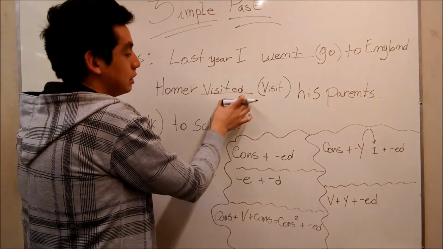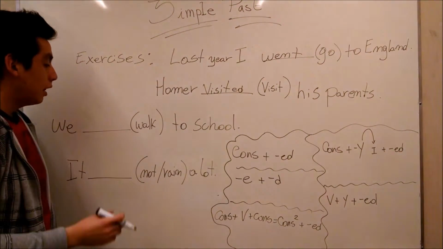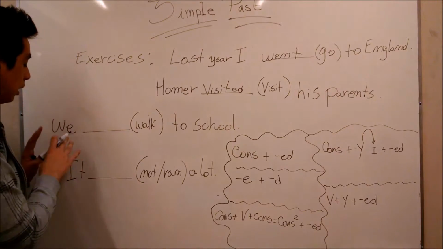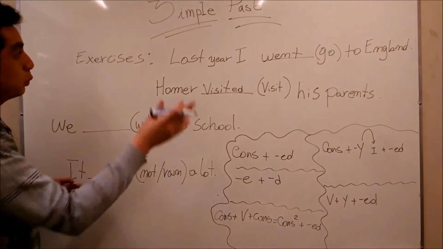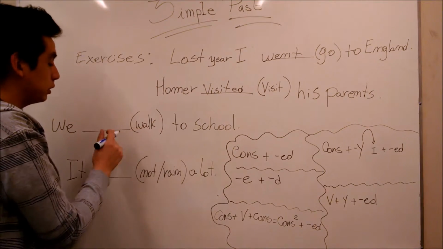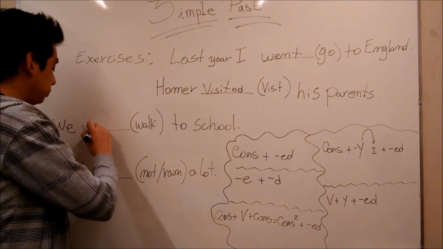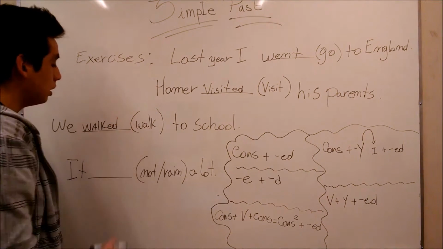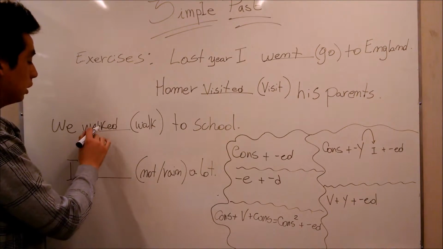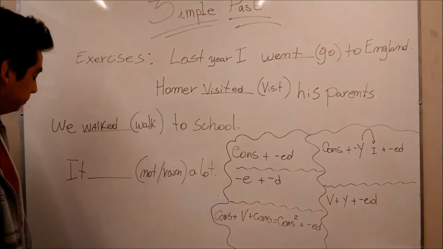So Homer visited his parents. Then we have: we walk to school. We are using simple past, so we have to put our infinitive verb in its past form. It finishes in a consonant, so we just put ed at the end.